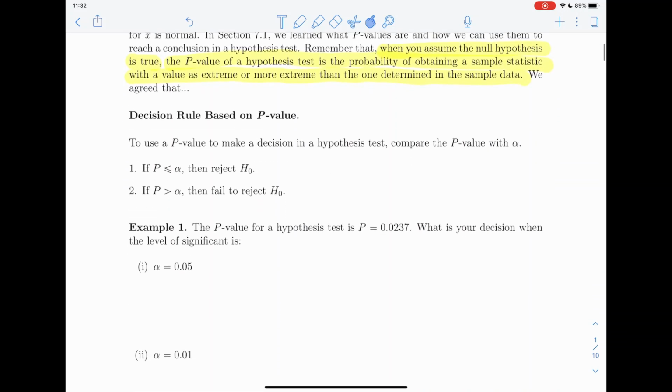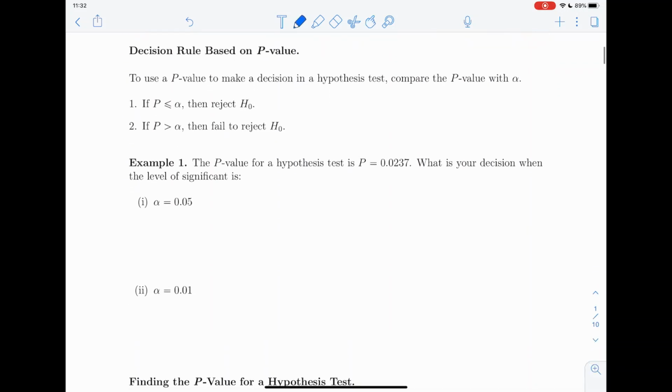To quickly test and make sure that we understand how all these values are running around, suppose you're given a hypothesis test and you achieve a p-value of 0.0237. Depending on what your level of significance is, you may or may not choose to reject the null hypothesis.